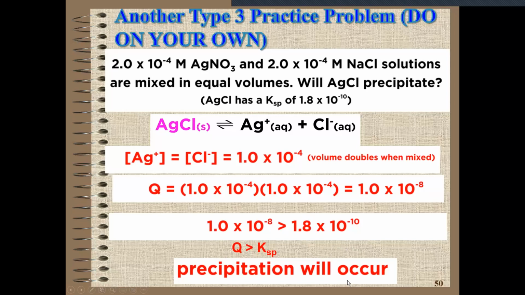So the point is that if Q is greater than KSP, precipitation will occur. It'll shift toward the reactants on the left, which is basically the solid, the starting material, and if it's a solid, then it's a precipitate, okay? And then just the opposite would occur if Q is less than K.